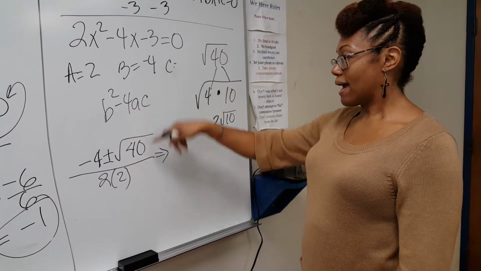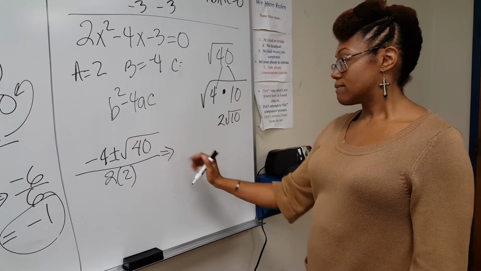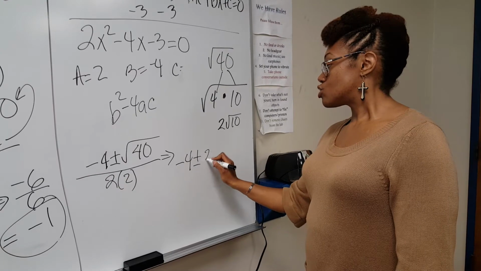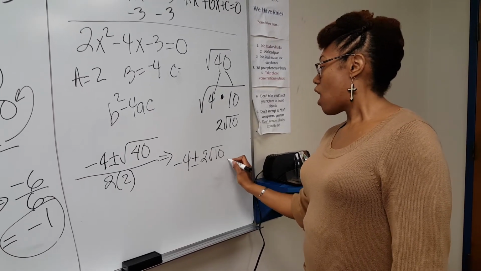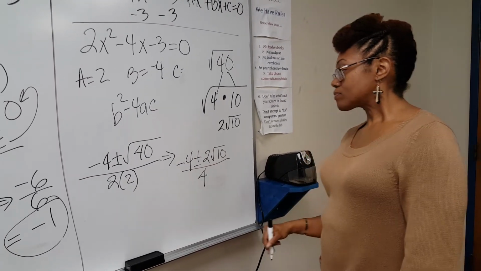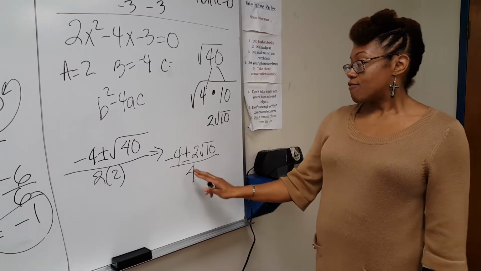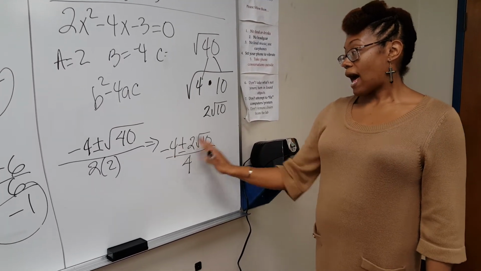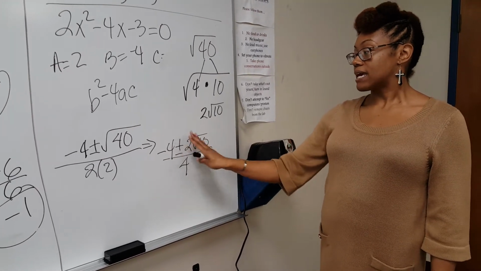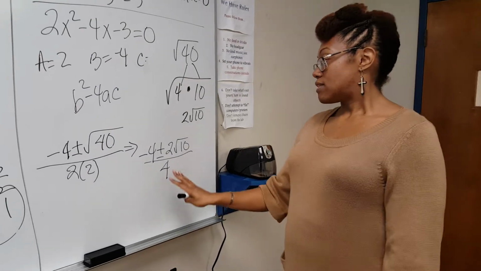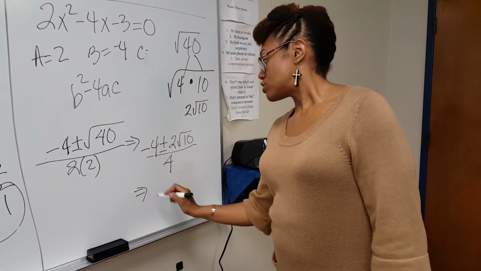So, let's come back to our quadratic formula. This should now be negative 4 plus or minus 2 square root of 10 all over 4. Now, one extra thing that you need to know is if all of your numbers outside of the radical have something in common, then you can reduce that expression.